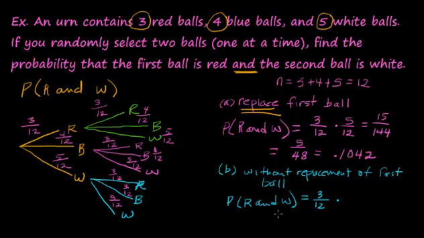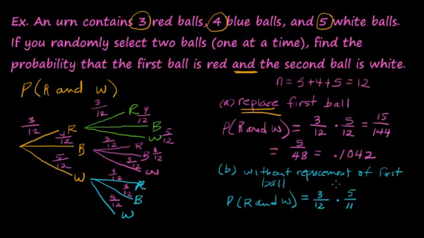But now there's a new condition. We have set aside that red ball. What's the probability on the second draw that we draw a white ball? Well, because we've only removed a red, there's still 5 white balls in there, so we know this numerator's 5. However, there are no longer 12 balls in there. We have set aside the red ball. There are only 11 left in the urn.